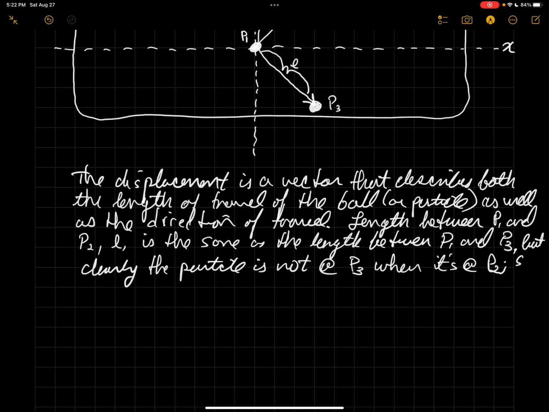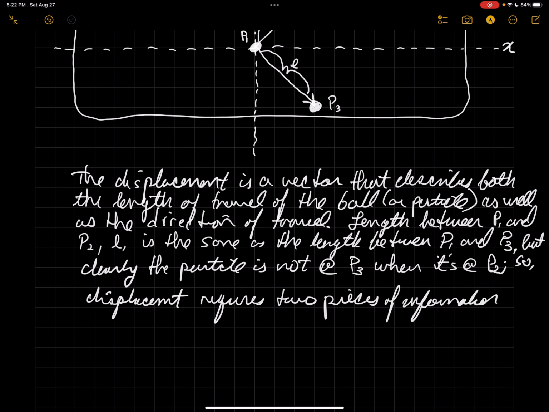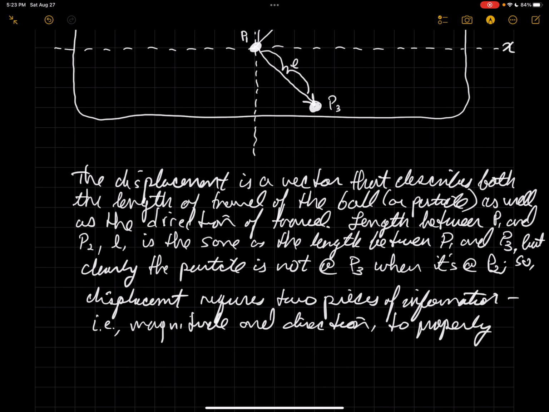So displacement requires two pieces of information, that is magnitude and direction, to properly characterize the ball's location, the particle's location.